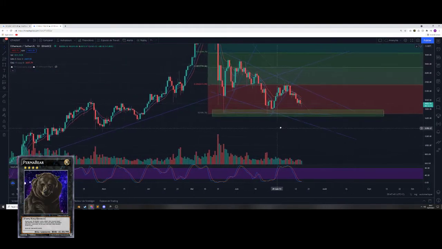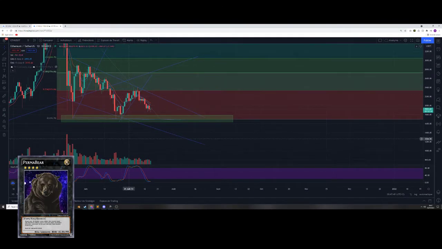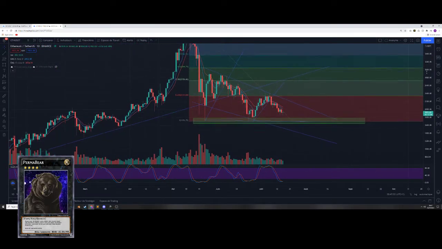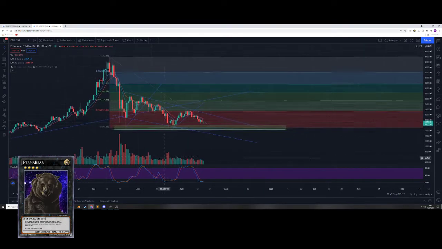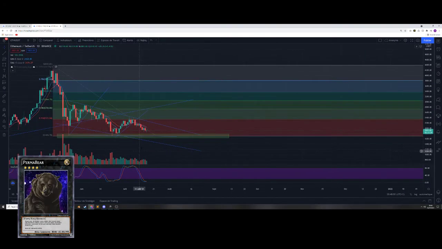ETH is actually stronger than BTC, since it doesn't rely on those big money inflows. It needs less money to get a good price, so that's very good.